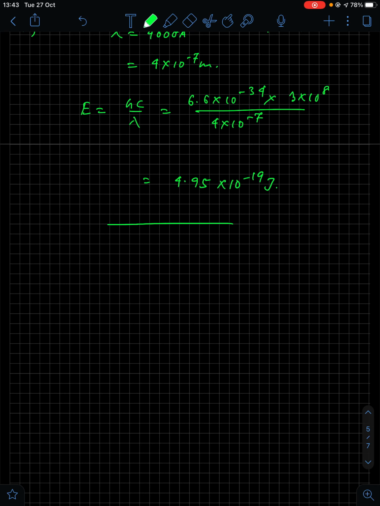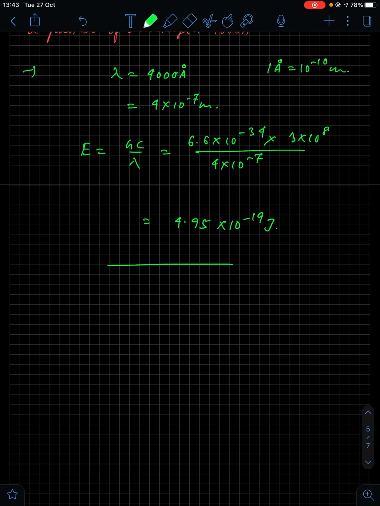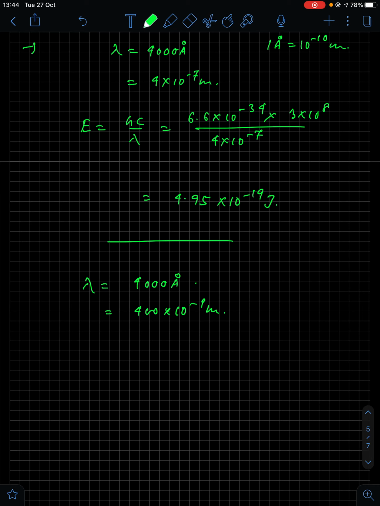Okay, the same thing can be done in electron volt also. How would you do that? In that case, you'll take lambda, which is given as 4000 angstrom. You take that as 400 into 10 to the power minus 9 meter, or 400 nanometer basically.